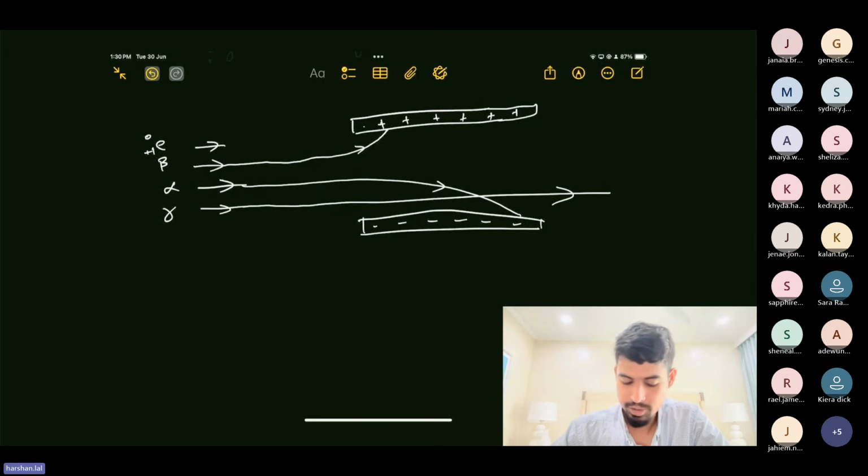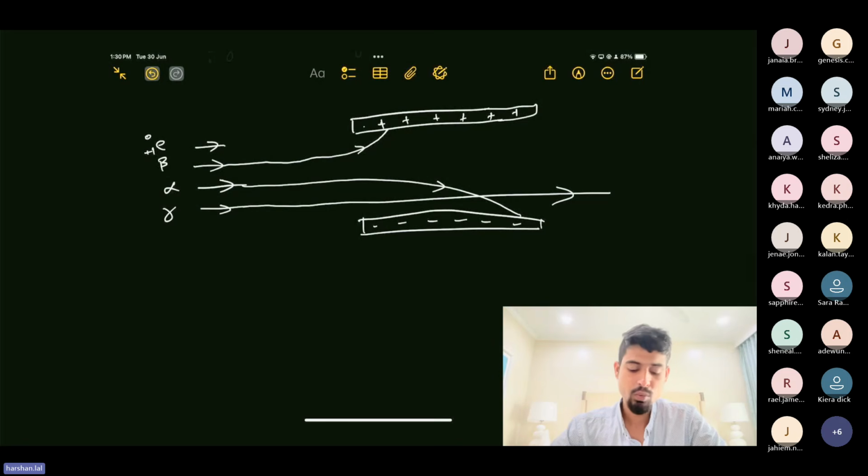And will it travel as far as the alpha particle? How far would it travel in the field? Less than alpha, more than beta. So it actually would not travel as far as the alpha. So you are correct, it would travel less than alpha, but it has the same mass as the beta particle, right?